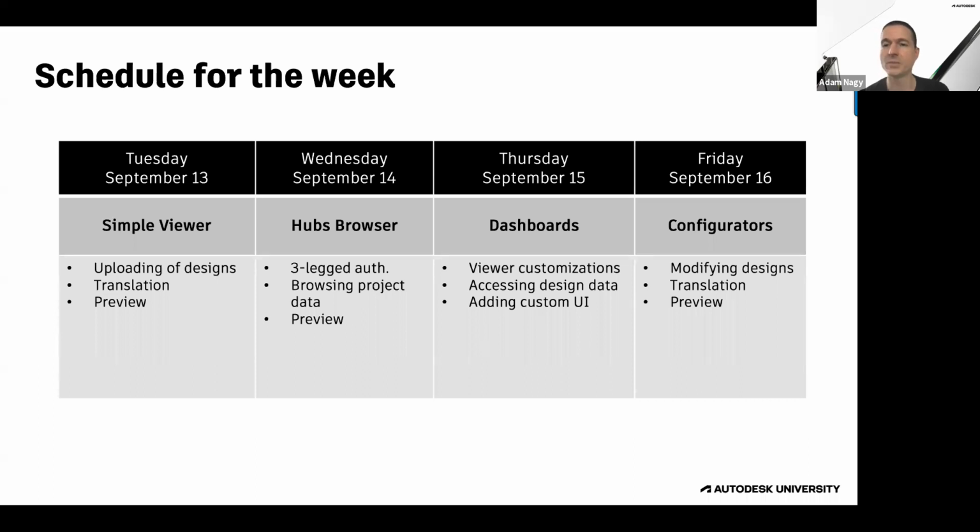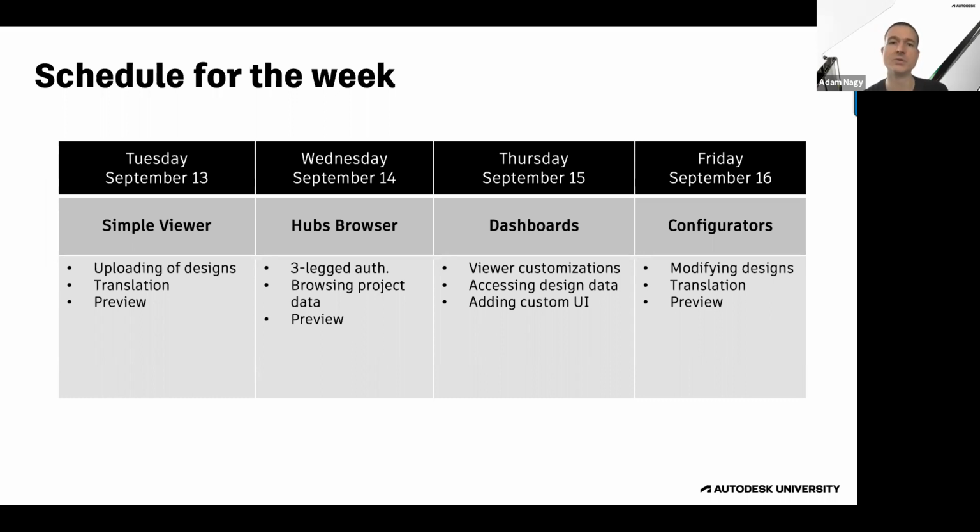And then on Friday, it's about configurators. We have a technology called design automation. That's the only thing currently that enables you to modify your existing models, the original models, like if you have a Revit model, Inventor model, Autodesk DWG file or something like that.